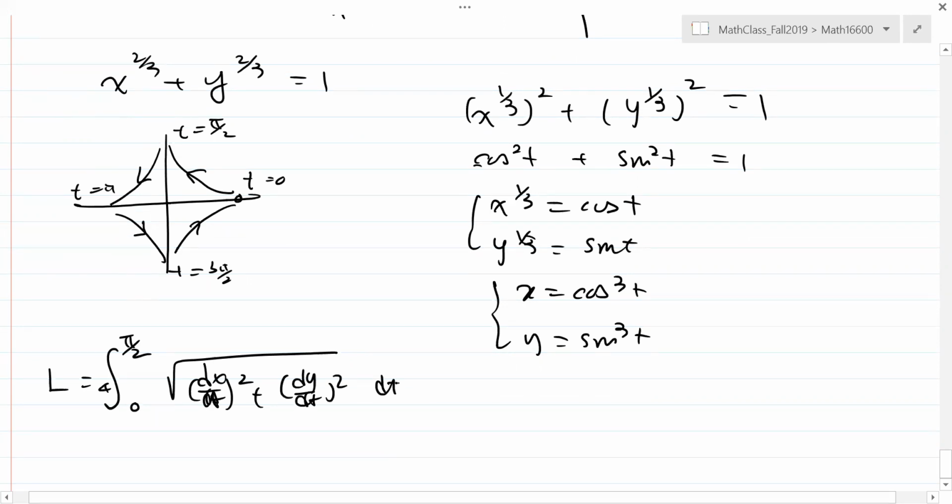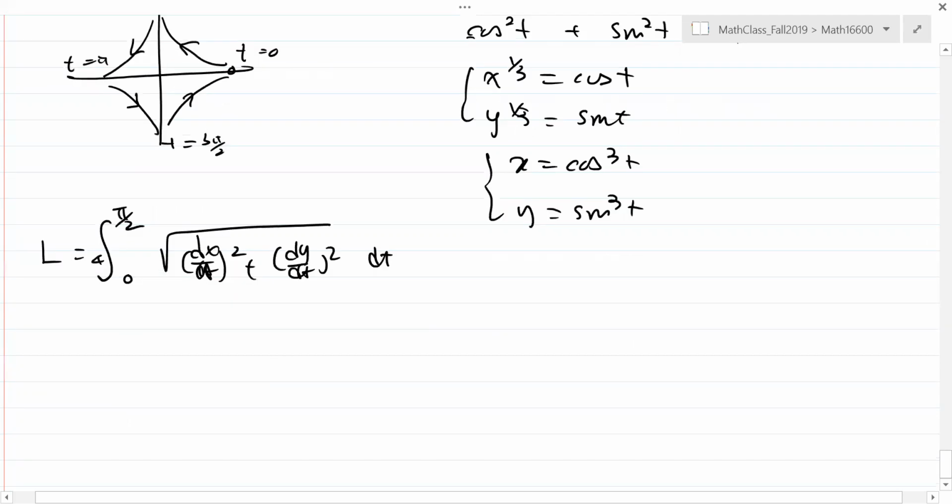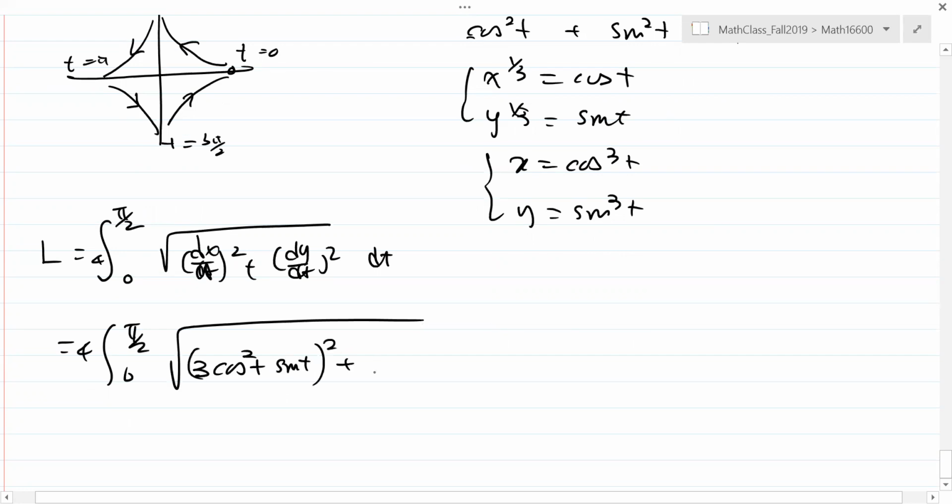Then you differentiate x with respect to t. The derivative of x with respect to t is going to be 3 cosine squared t times sine t, with a negative sign. And here's a 3 sine squared t and a cosine t. The negative sign is okay, because of the square.